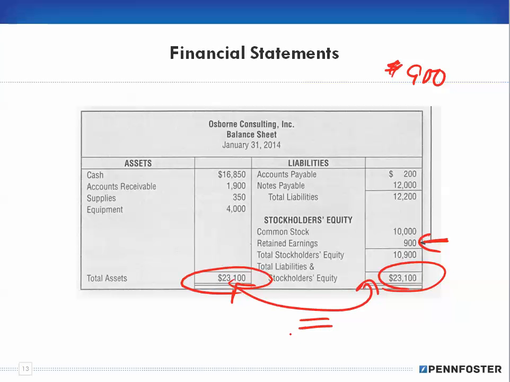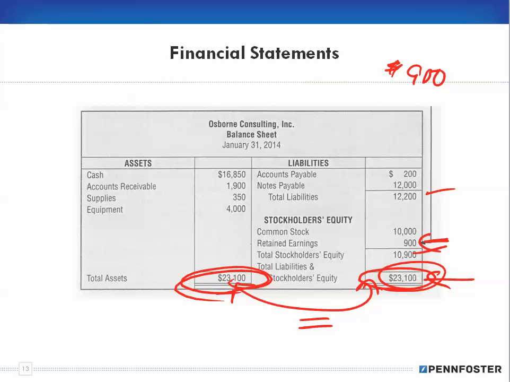If for some reason, let's say your debits didn't equal your credits, and you get to this point in time, your accounting equation is not going to balance. And if you think that you're just going to plug in 2310 because that's what your assets are, but yet these numbers don't support this 2310, then what you're doing is cooking the books, you're fudging the numbers, and that's grounds for getting a grade of a 1.